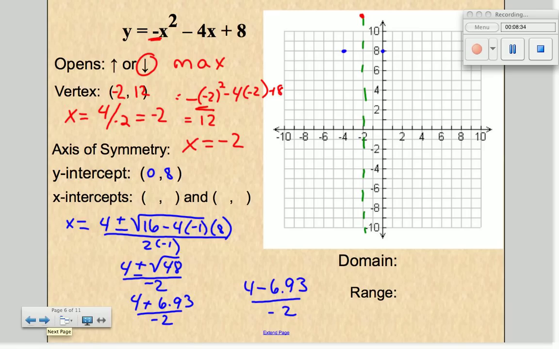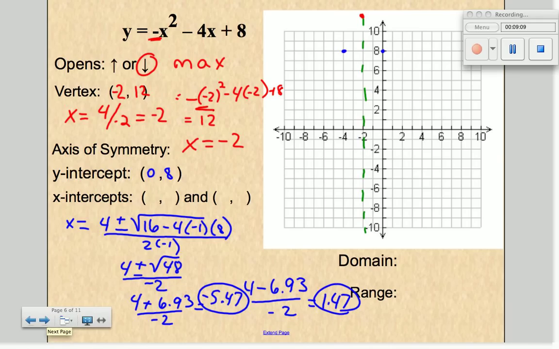So doing that on my calculator, 4 plus 6.93 equals, divided by negative 2, one of my x-intercepts is negative 5.47, and my other one, 4 minus 6.93 equals, divided by negative 2, is 1.47. So those are my x-intercepts.